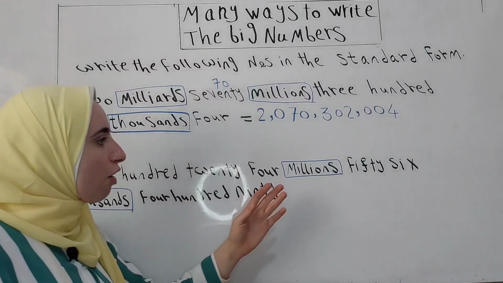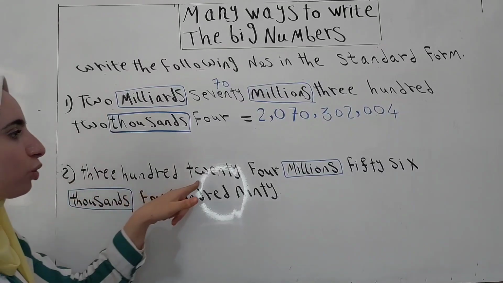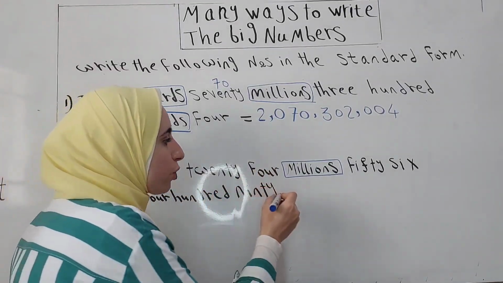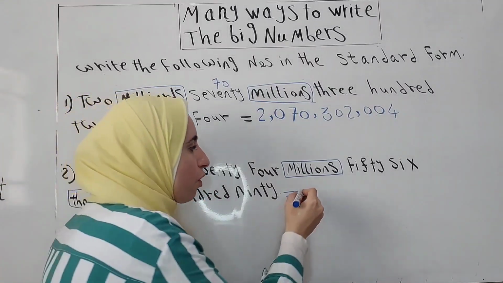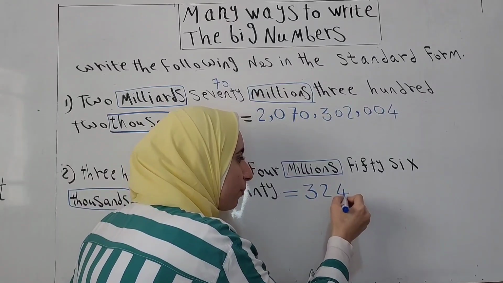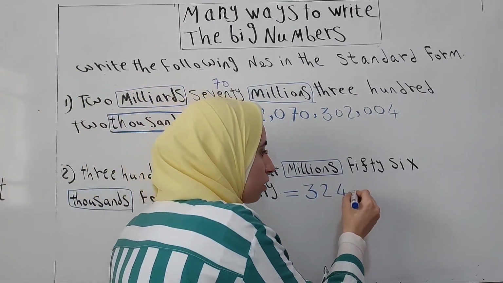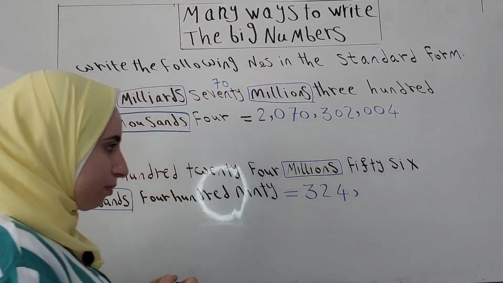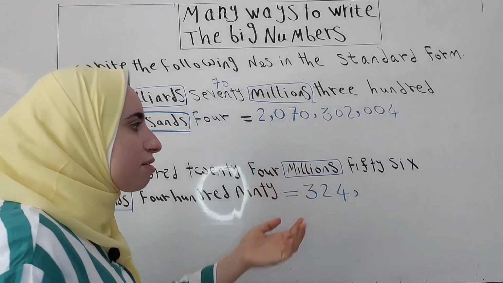The family of millions has 324, so we write 324. We finish this family. We make commas. The family of 1000 has 56.